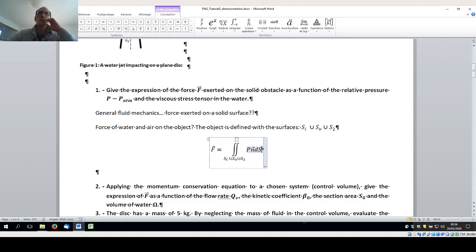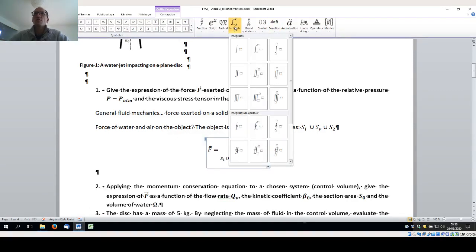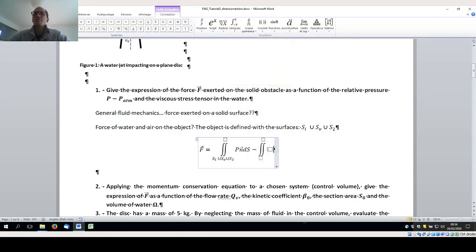So this is the integral of the pressure part, the integral over the pressure on all surfaces of the object, plus the contribution of the viscosity. So this is the integral over the same surface of the viscous stress tensor.